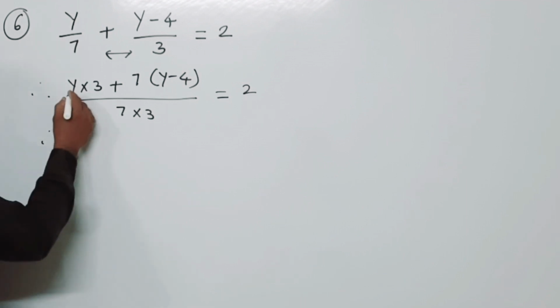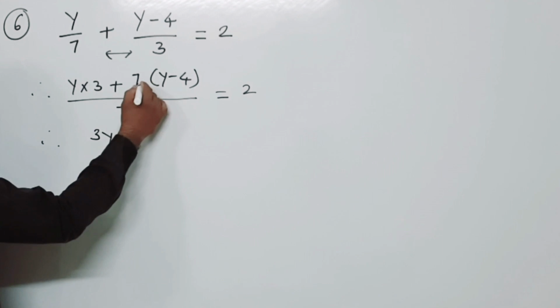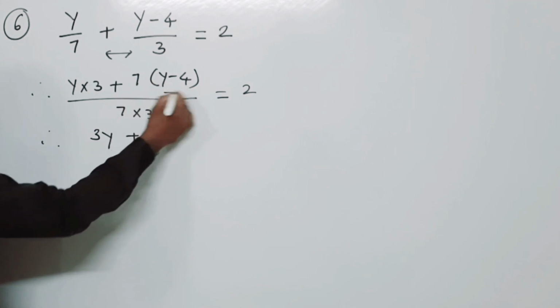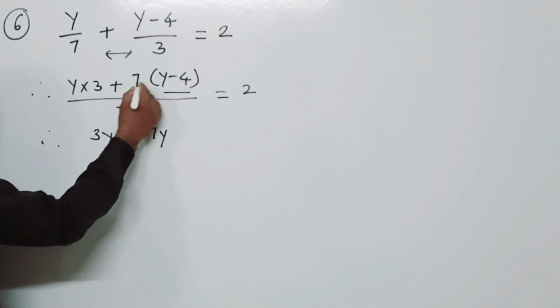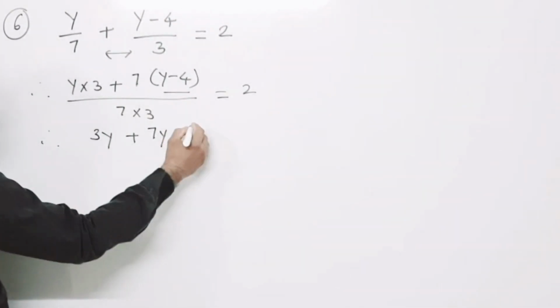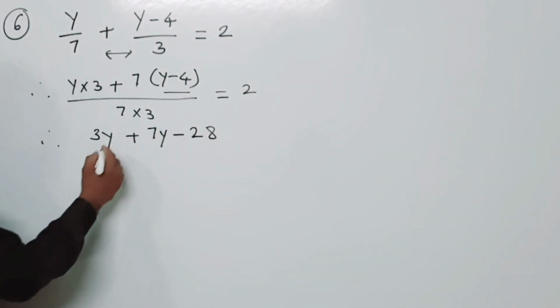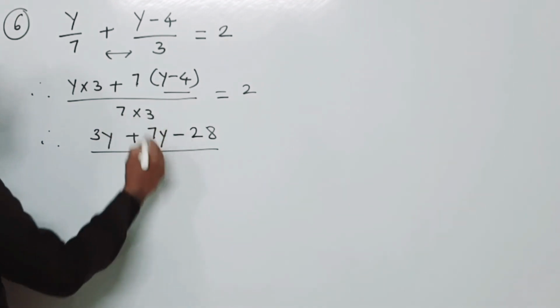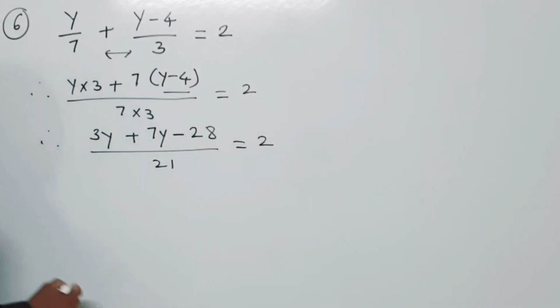Therefore y into 3 is 3y plus 7, now open the bracket, 7 into y, 7y, 7 into minus 4, 7 fours are 28, that is minus 28, upon 7 threes are 21, is equal to 2.